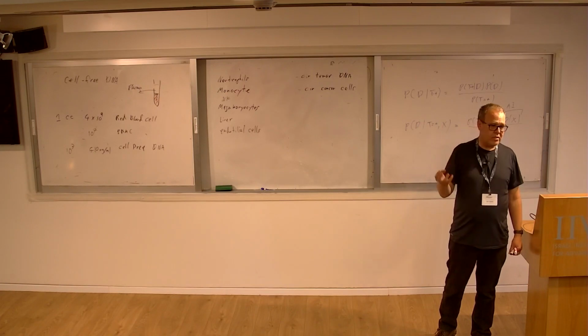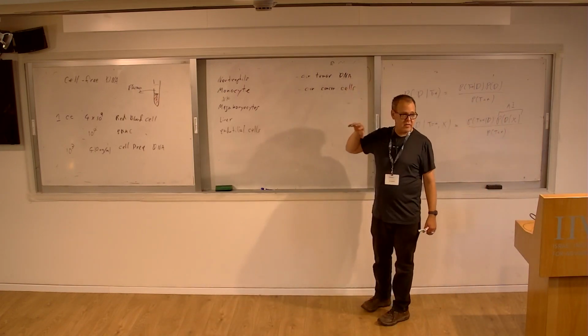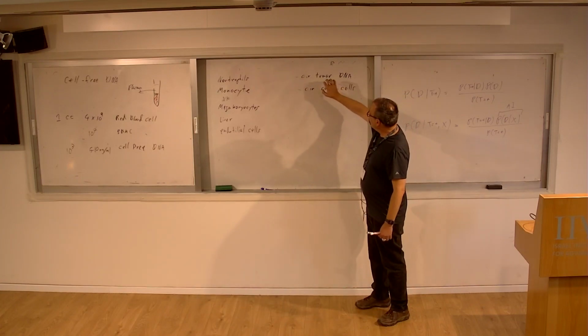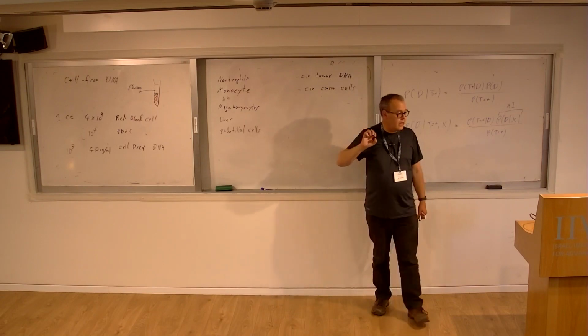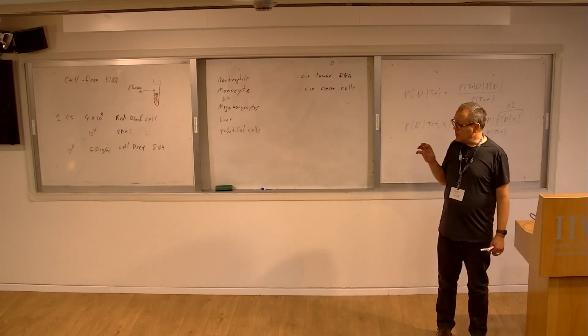But they do exist, and people blame some of those for things like metastasis and so on. And so the question is, can we detect this circulating DNA from those cancer cells that died exposed to the circulation?